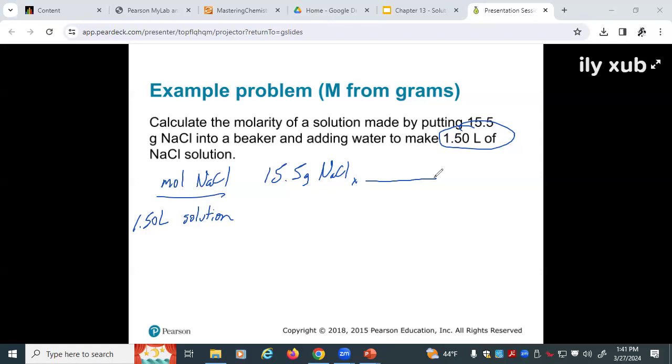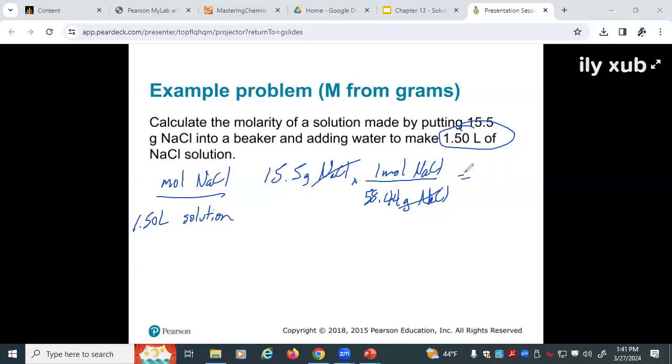Sodium is 22.99. Chlorine is 35.45. Together, 58.44 grams for every mole. Grams cancel.